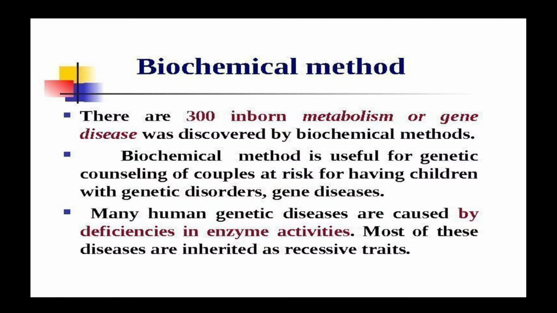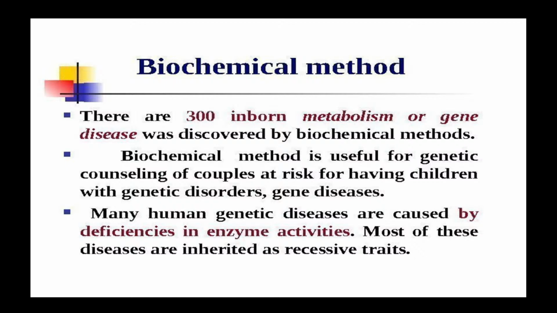So students, the cytogenetic methods are the main methods of human genetics because they are used for diagnosis of different abnormalities in number and structure of chromosomes. These methods are used very widely, and with them we can diagnose human chromosomal disorders.